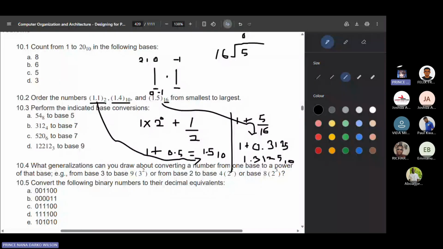After you select option 4 in mode, you select BIN, and once you tap that, it waits for you to enter a binary number. So you enter 1.1, hit equal to, and after hitting that, look for the key that has DEC on top. You hit that, and it will convert the 1.1 base 2 into 1.5 base 10. So now you will have your base 10 equivalent. You do the same thing for this guy.